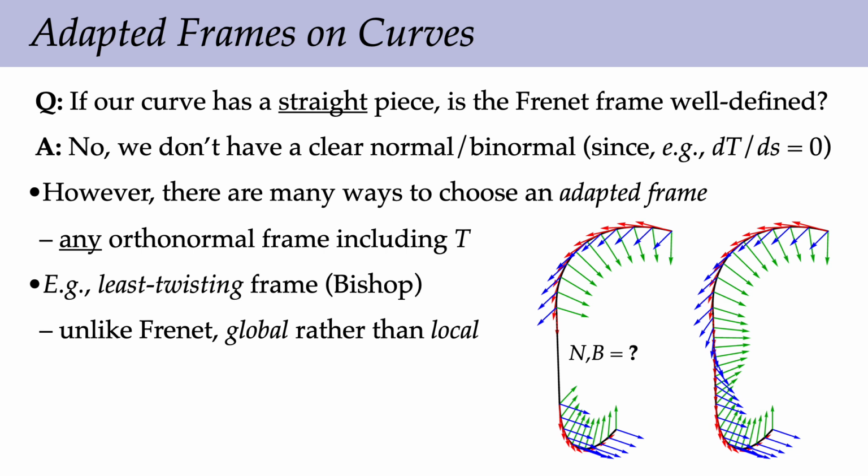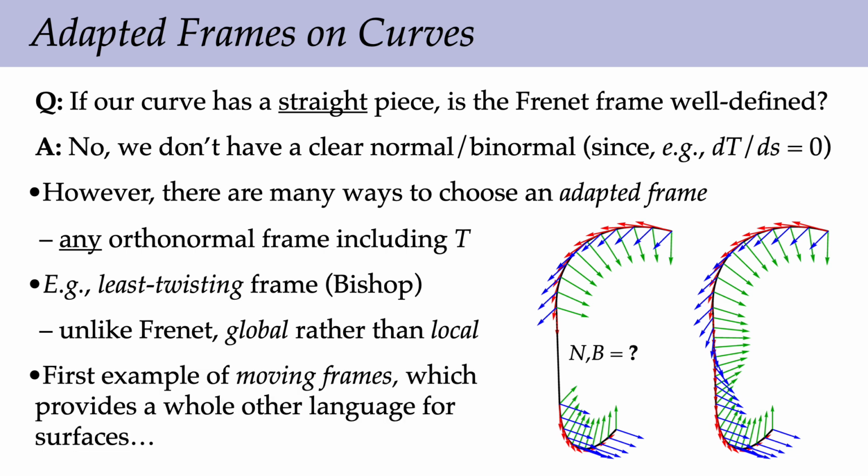In fact, this is kind of our first example of what's called moving frames. So there's a whole other language for talking about curves and surfaces, which we are just scratching the surface of, where it's all about putting a frame adapted to the surface and then measuring how this frame changes to get an idea of curvature and other properties of the geometry.